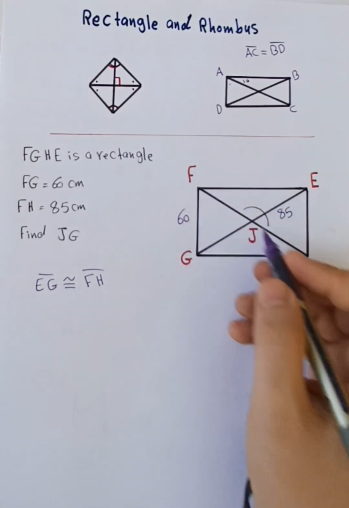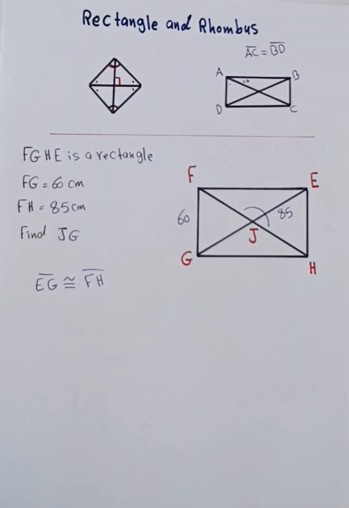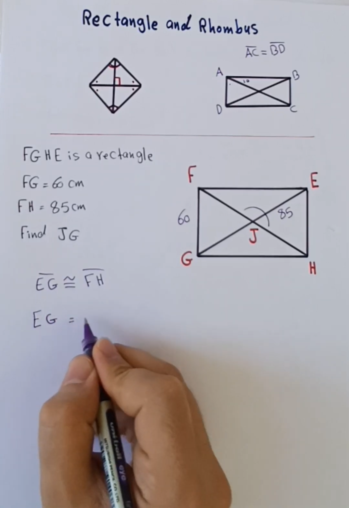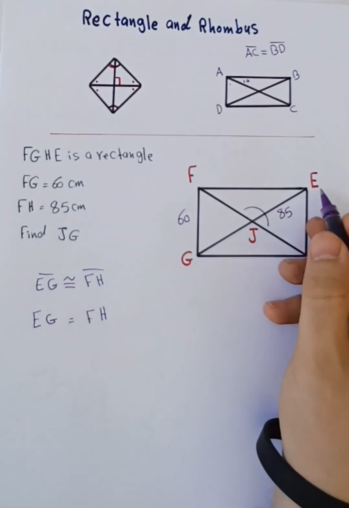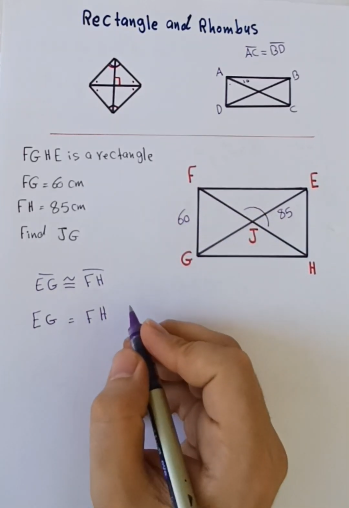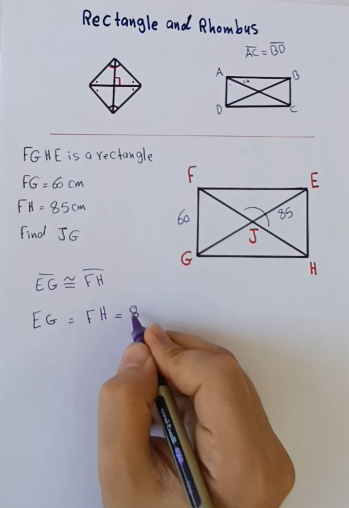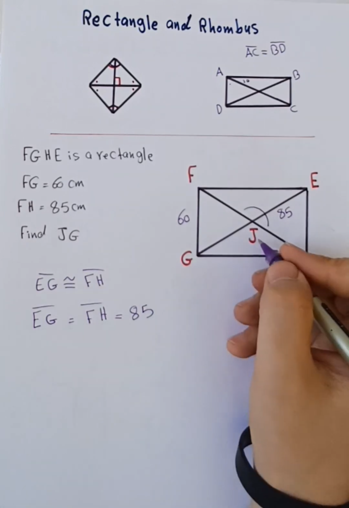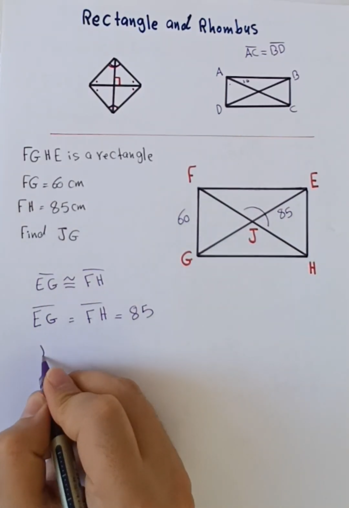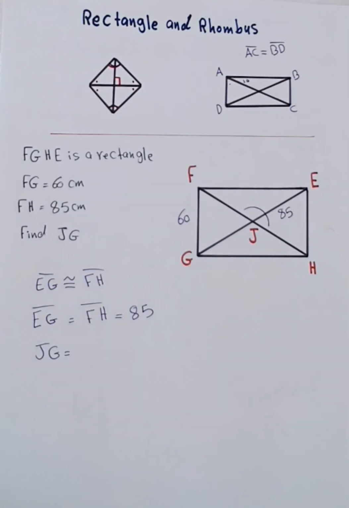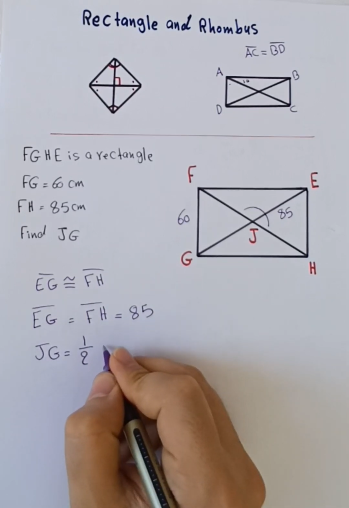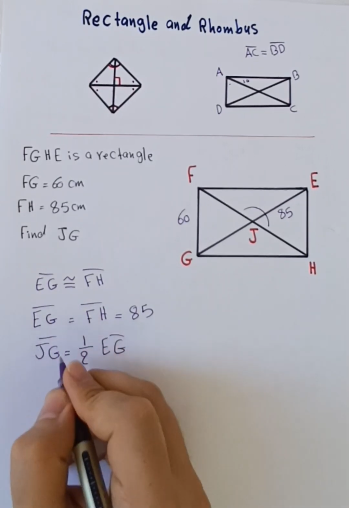EG equal to FH, because in a rectangle the diagonals are congruent. So you can say EG equal to FH equal to 85 centimeters. And then we can say JG is equal to half of EG, 1 out of 2 EG.